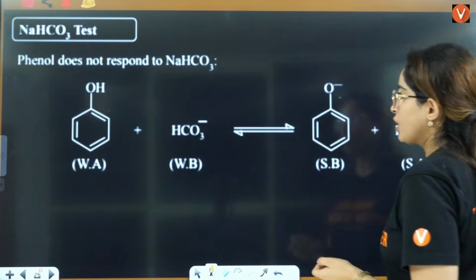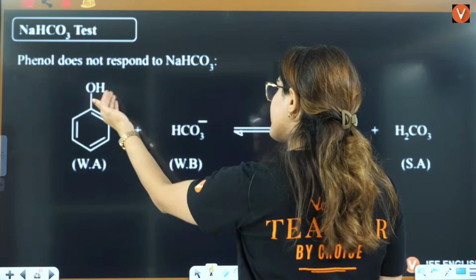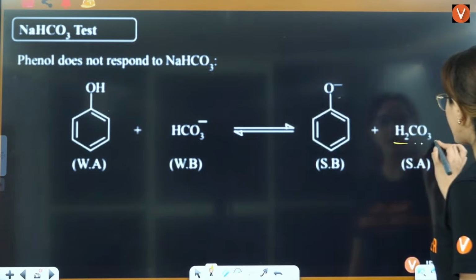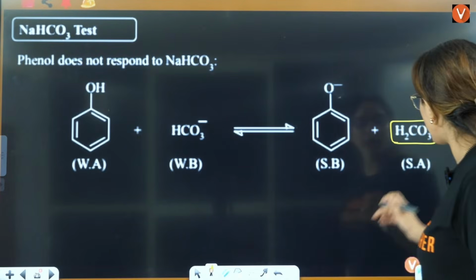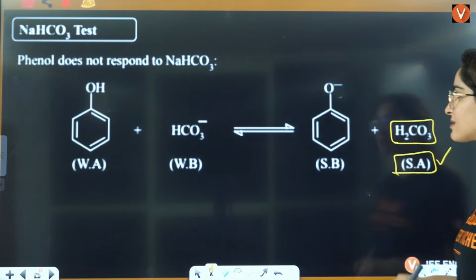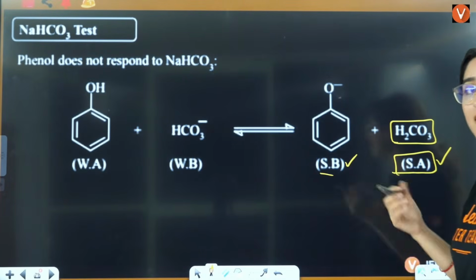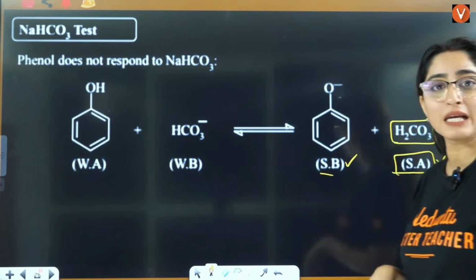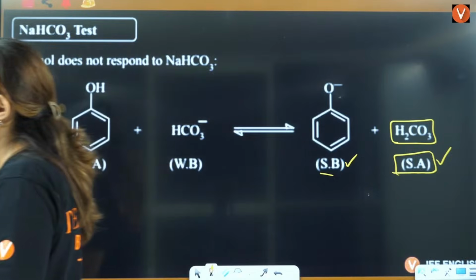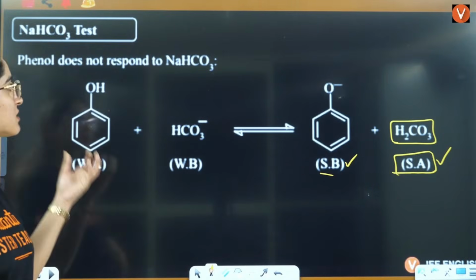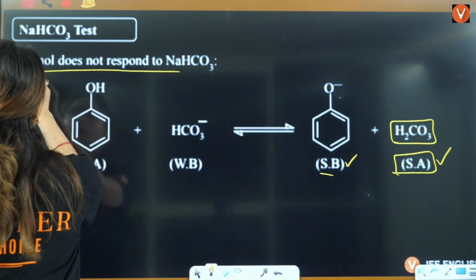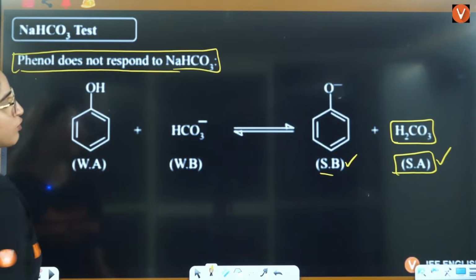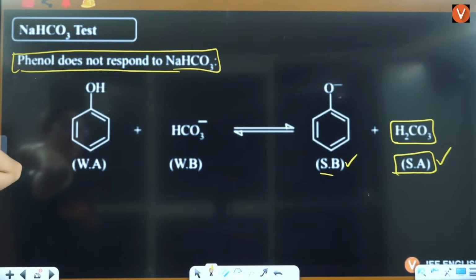When you give hydrogen to this side, that becomes H2CO3, which is a weak acid among mineral acids. But among organic acids, it is a strong acid, and the phenoxide is a strong base because it has very good resonating structures. That is why phenol does not respond to NaHCO3, but others will respond here.